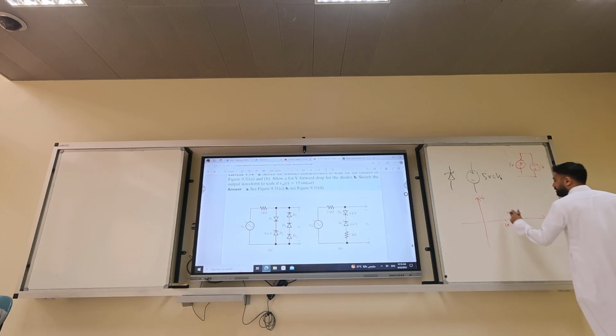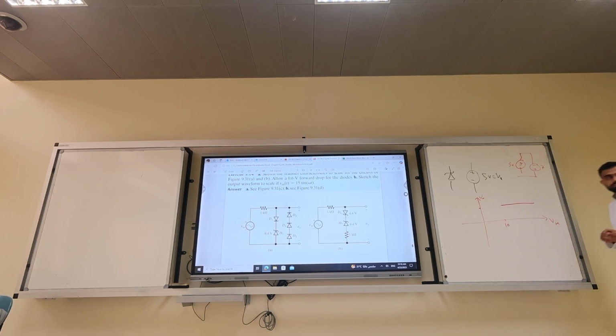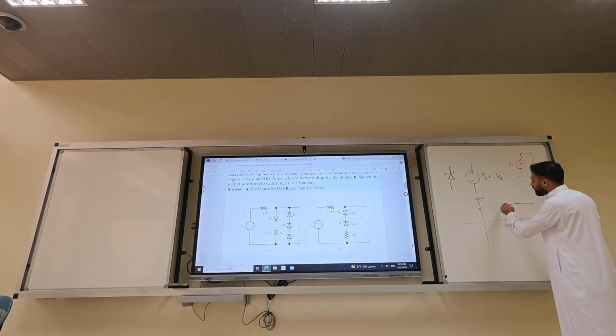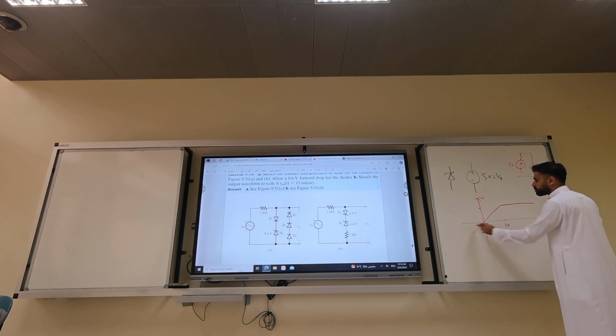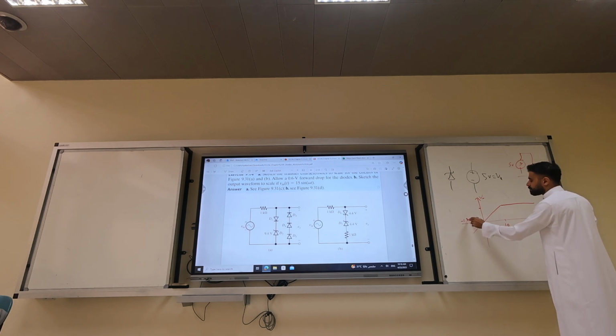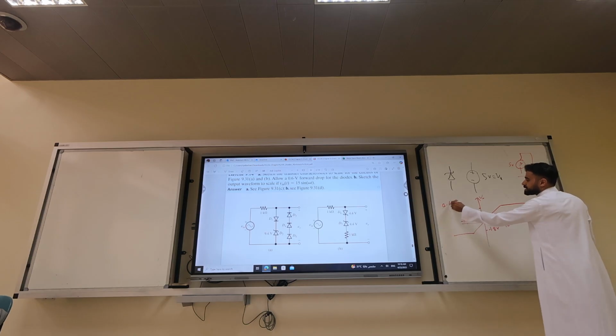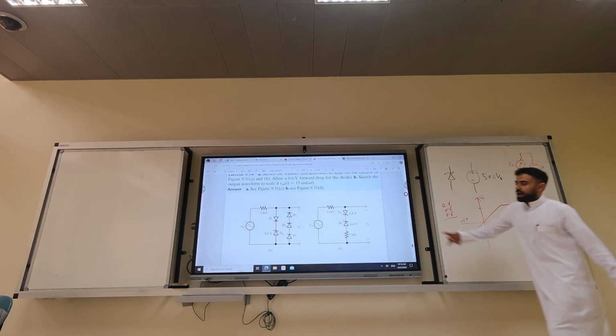So at 10 volts, we're capping it at 10 volts. And other than that, we will have a one-to-one relationship up until I reach minus 1.8 volts. Why? Because it's 0.6, 0.6, 0.6.